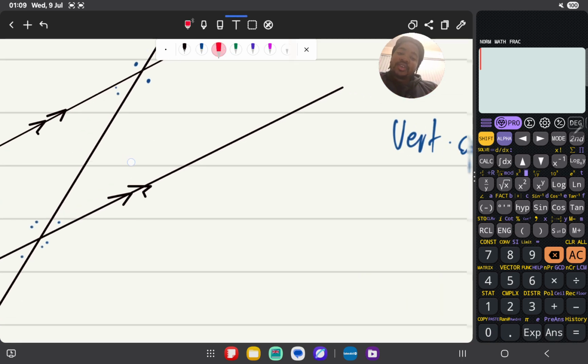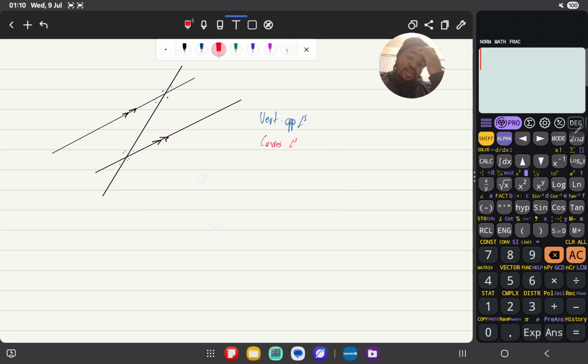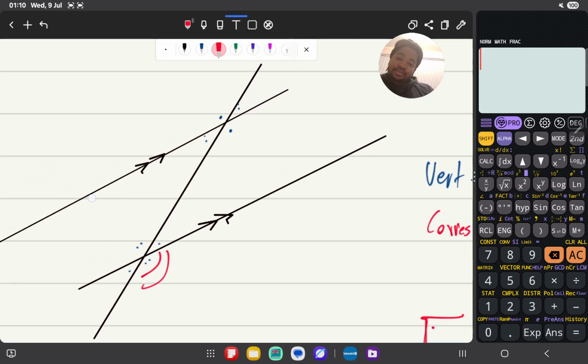So now I'm gonna use red for corresponding angles. So we would usually say corresponding angles, right? Corresponding angles, they form an F, right? You see an F, these angles, right? Yeah, so in that case, we are talking about this angle, right?